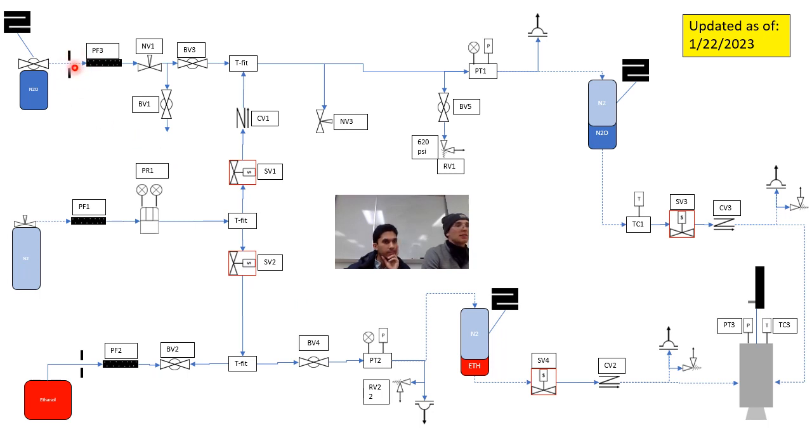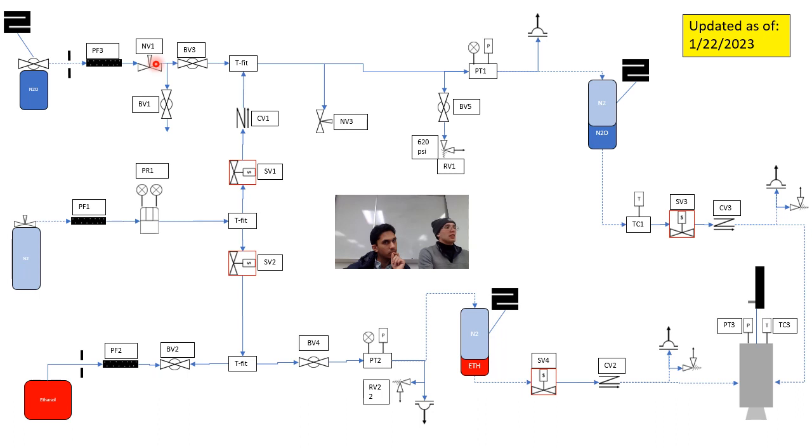So there's going to be some kind of connection point, using probably a flexible hose, maybe an adapter, that gets it connected. Before we do that, we want to make sure NV1 is closed, that BV3 is closed, that all of these are closed. We don't want it to just start filling right away, but assuming we did everything previously correctly, it should already be closed.